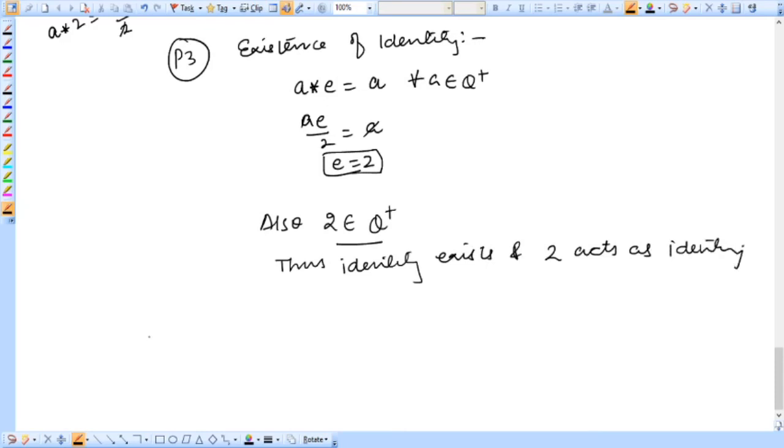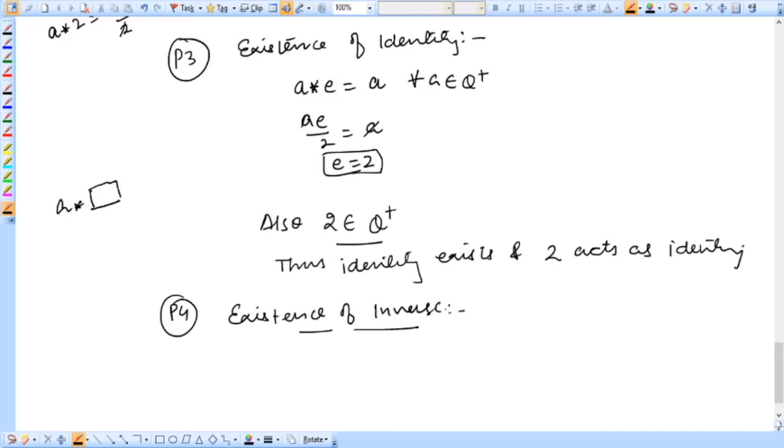Right? Now last property, property number 4, existence of inverse. So see here, if you are having an element a, and we want to find its inverse, it is such an element which when operated with a we get back identity.